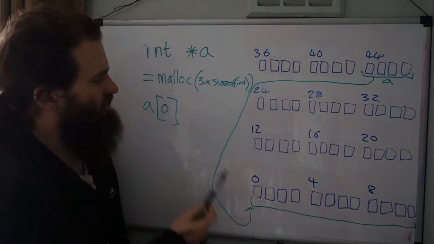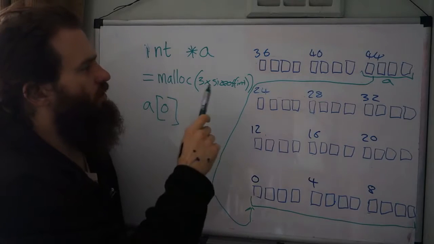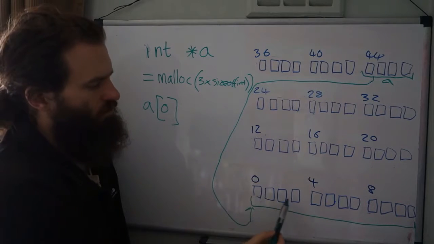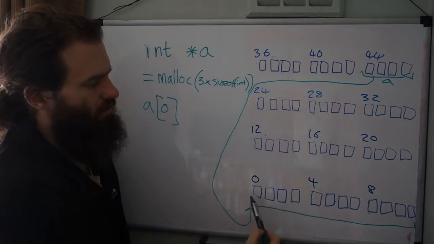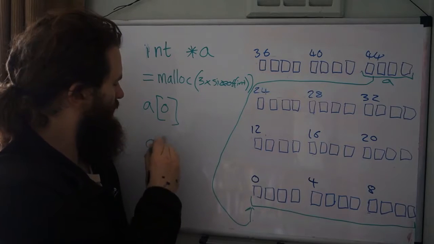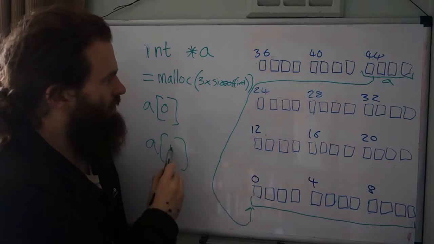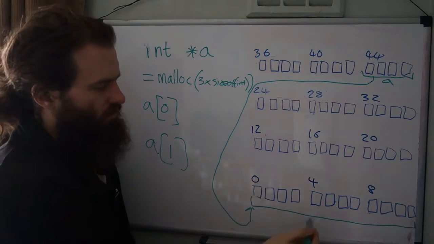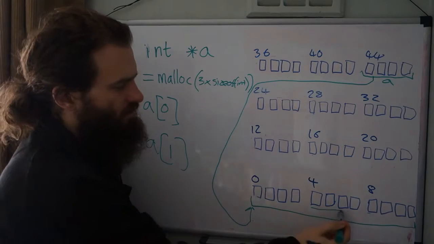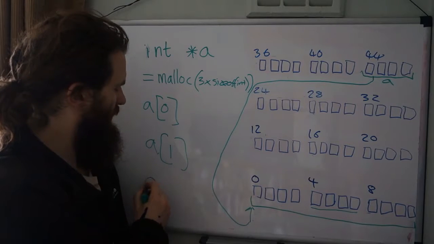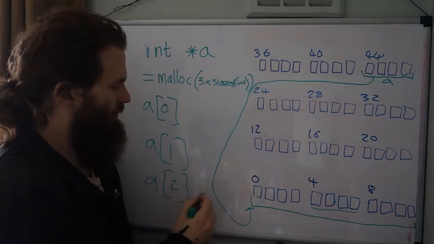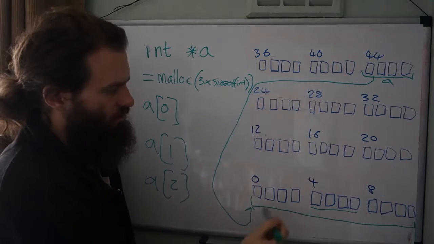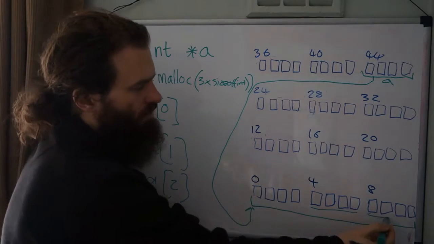Because the index here is 0, we do 0 times the size of an int, which is 0, and we just take these 4 bytes here and interpret that as an int. If it was A[1], we do 1 times the size of an int, which is 4 bytes, which takes us to here, and then we get these 4 bytes. And A[2] would be 2 times the size of an int, which would take us to here, and we get these 4 bytes.